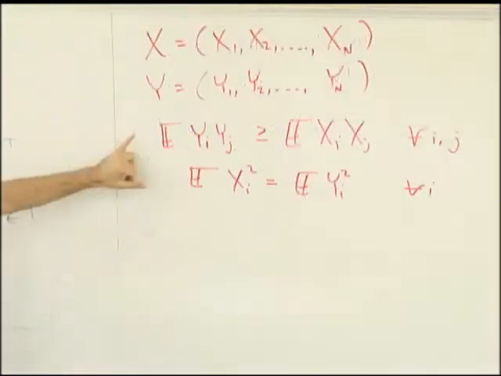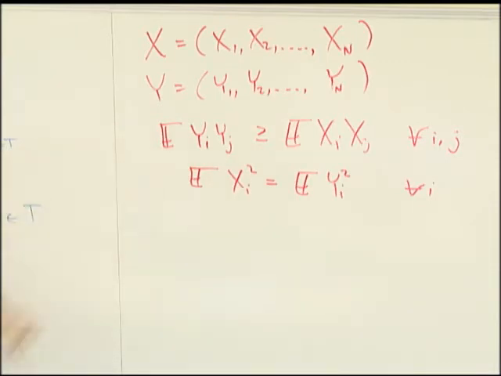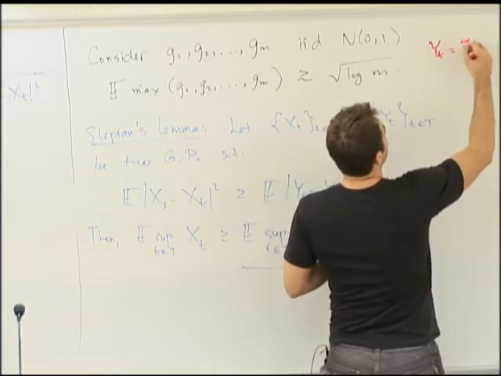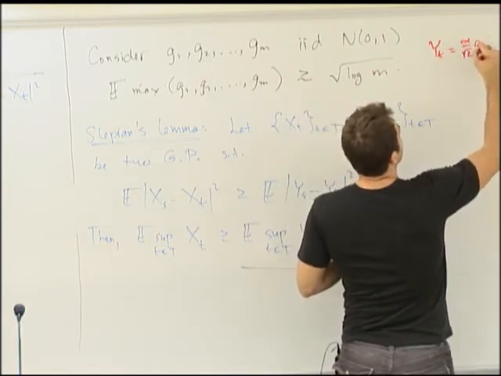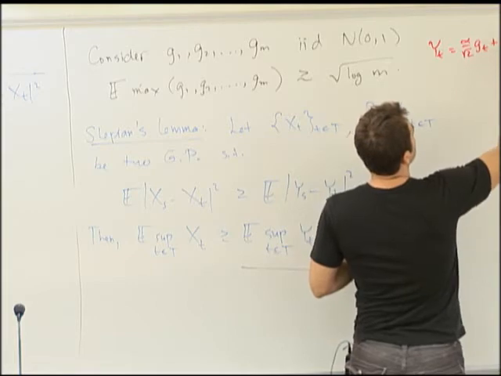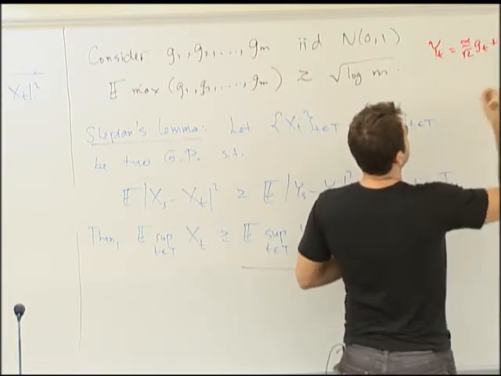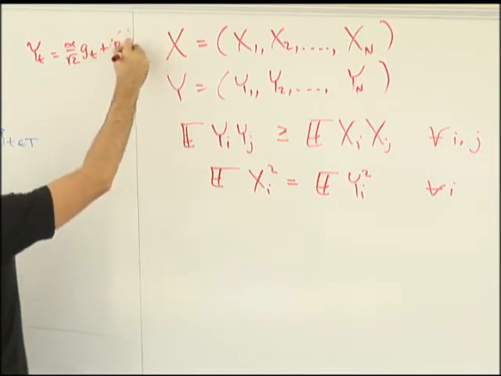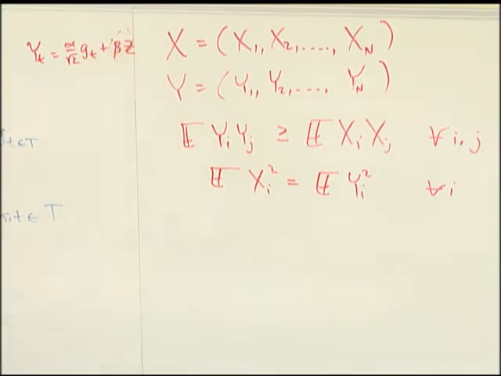By the way, with the same argument I just gave and a small tweak, you can use this assumption to prove it. Instead of writing y sub t equals this, you add some beta z, where beta depends on t, to all the variables, and z is just some other IID normal 0, 1.